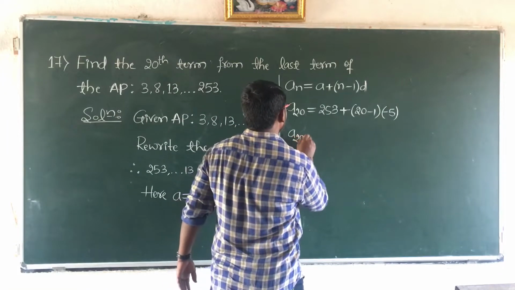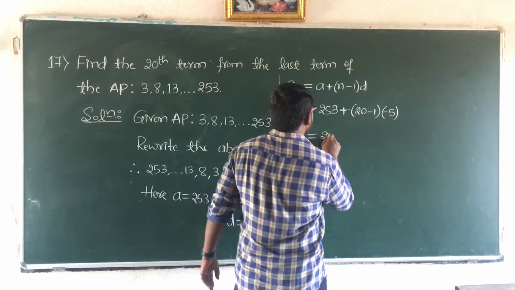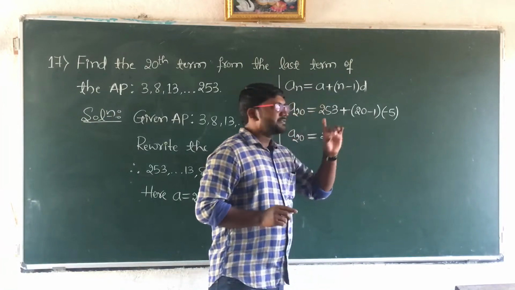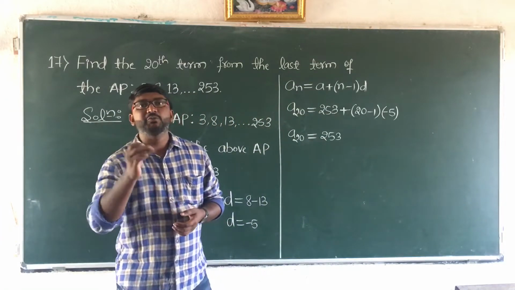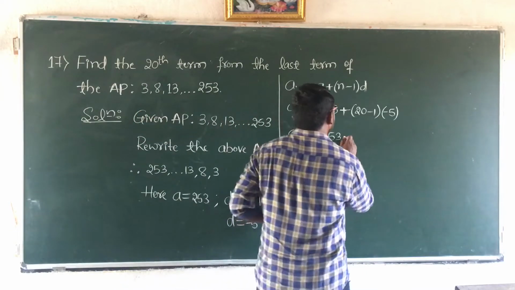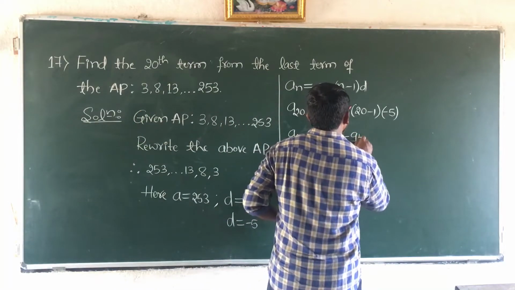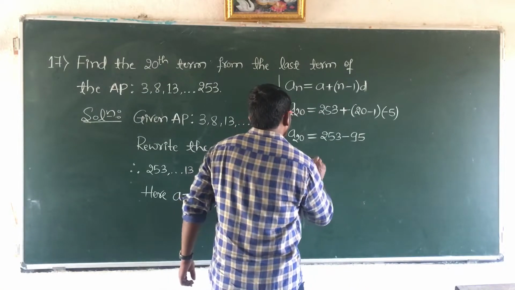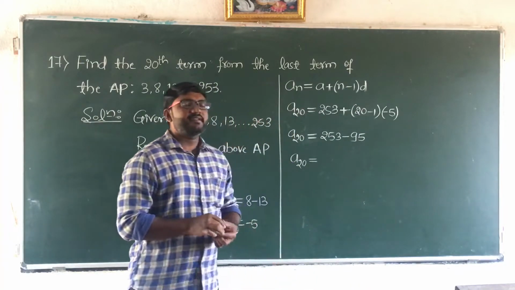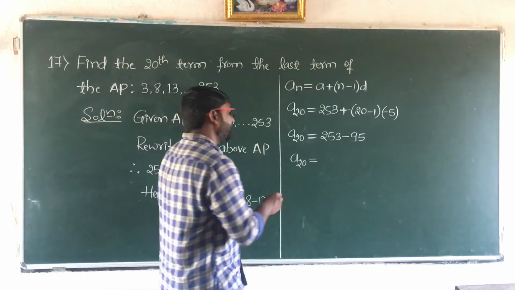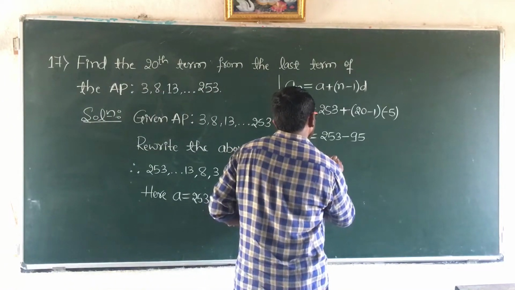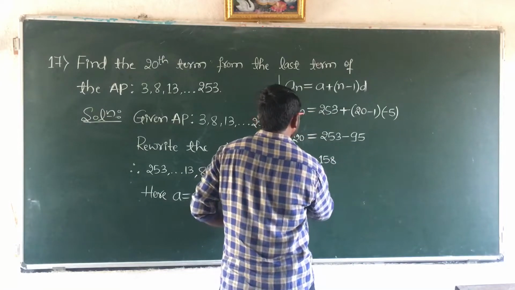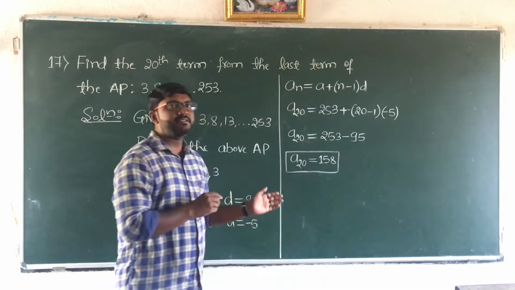A20 is equal to 253, then 20 minus 1 is 19, 19 into minus 5 is minus 95. So A20 is equal to 253 minus 95, which gives us 158. So this is the 20th term from the last term.